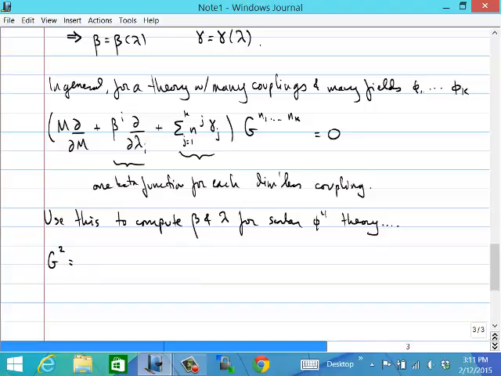I'll compute it at one loop order, and I'll demand that it satisfy the Callan-Symanzik equation. And then from that, I'll be able to read off some properties of beta and the anomalous dimension gamma. Any questions before I do so? I understand this is all a little bit abstract, but hopefully if I do an explicit calculation, it'll bring it down to earth a little bit. Any questions before I continue?